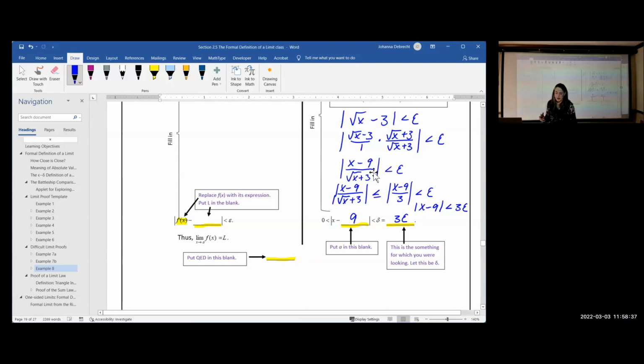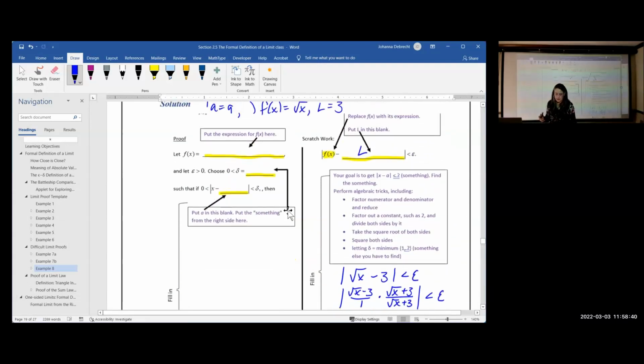All right. So now I start on the formal side with let f of x equal the square root of x and let epsilon be greater than 0.